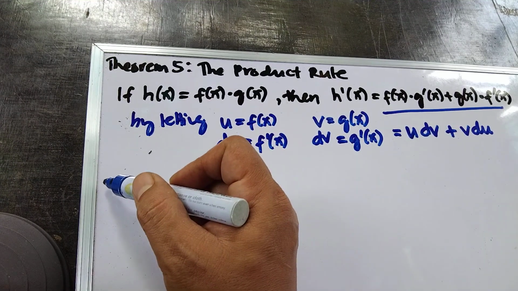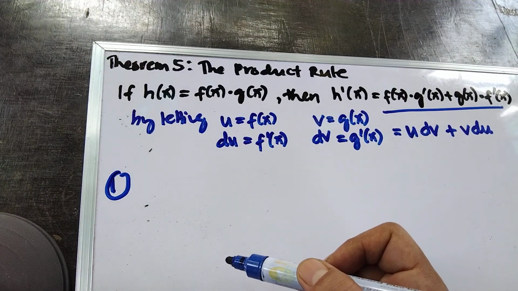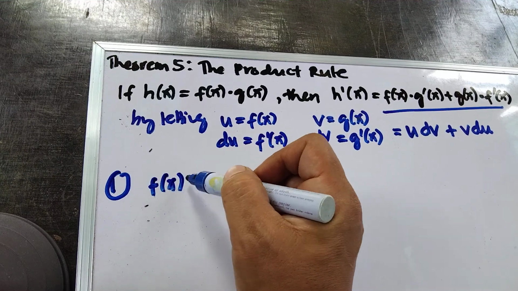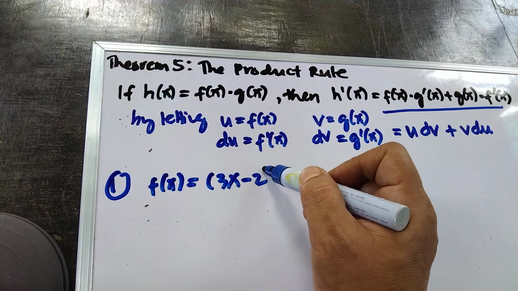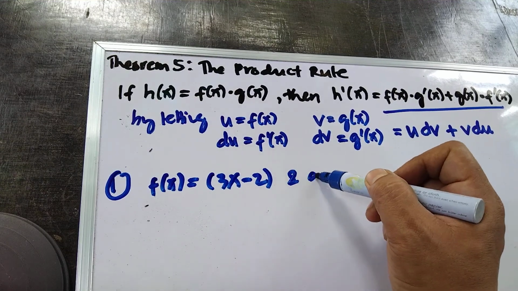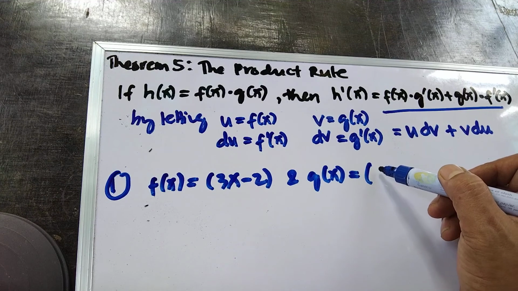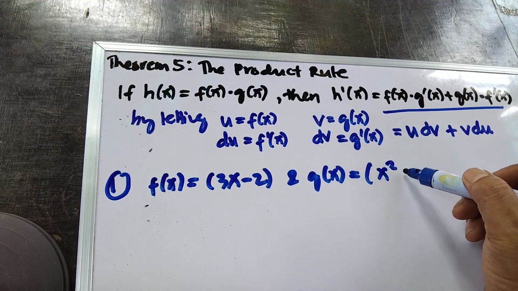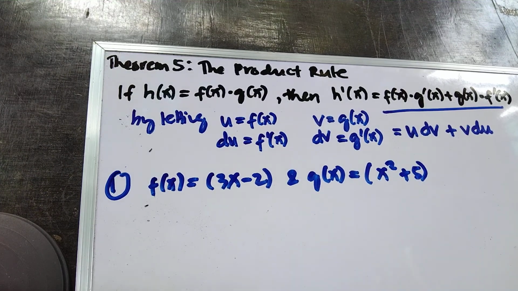So let's apply that to our example number 1. If f of x is equal to 3x minus 2 and g of x be equal to x squared plus 5, find the product.